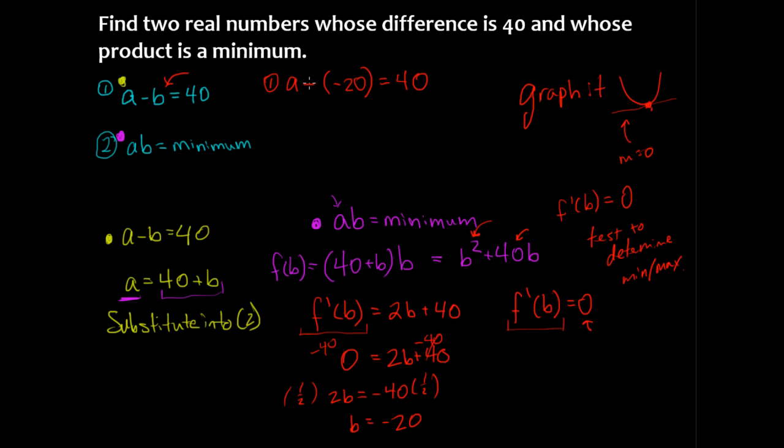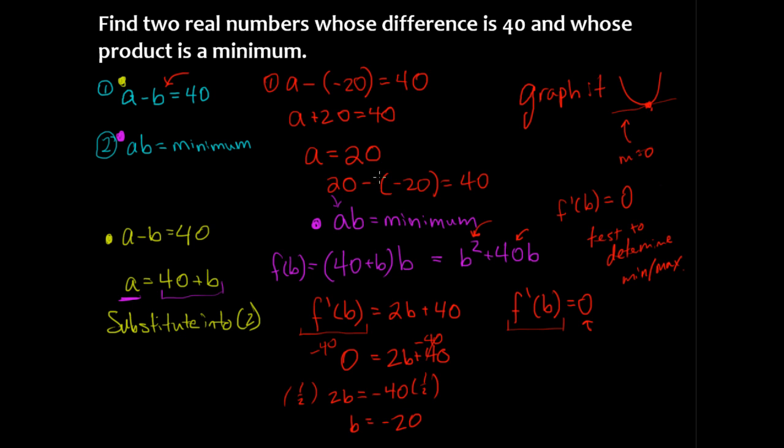Well, a minus negative 20 is a plus 20, which is equal to 40. Subtracting 20 from each side, you have a is equal to 20. So we wanted two real numbers whose difference is 40: 20 minus negative 20 is equal to 40. So 20 plus 20 is equal to 40, so that's true.